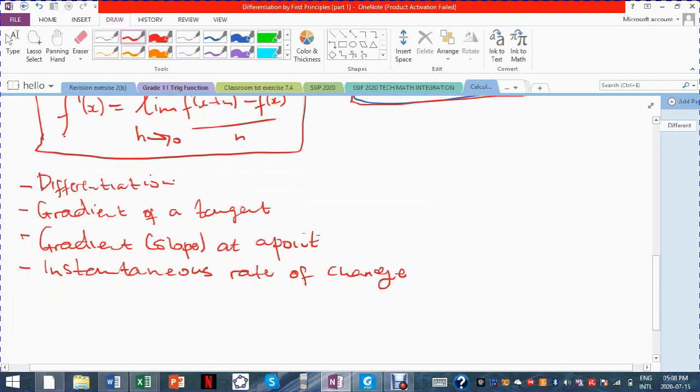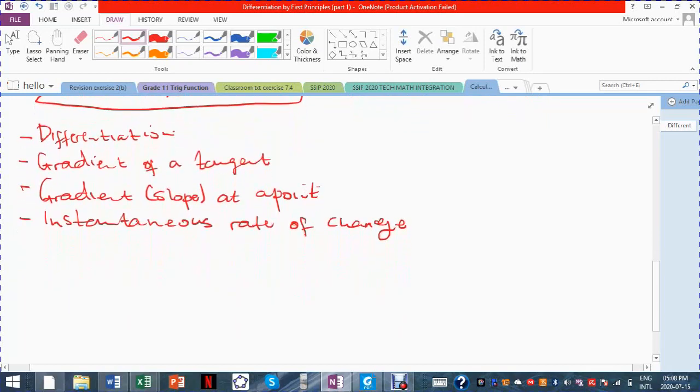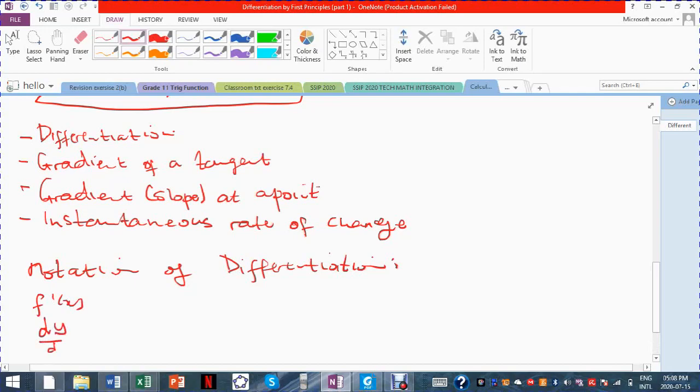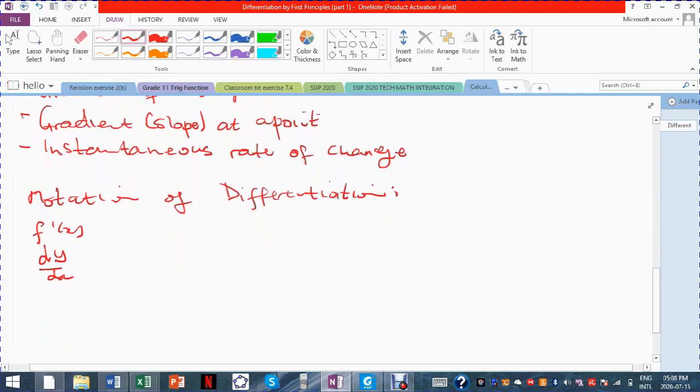Alright, so what about the notations? Notation of differentiation. We have different notations. As we can see, I've used f prime of x. We can have as well dy/dx, which means the derivative of y with respect to x.